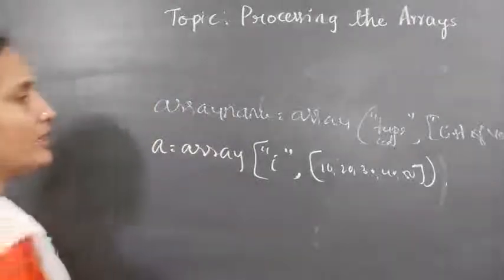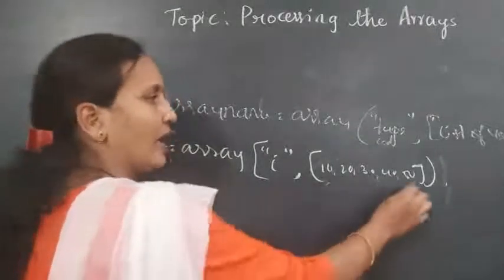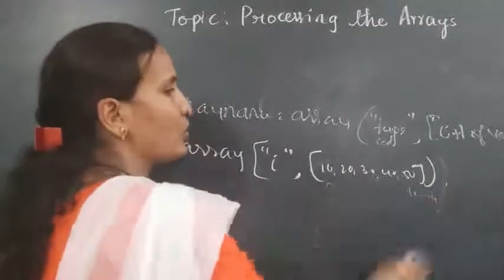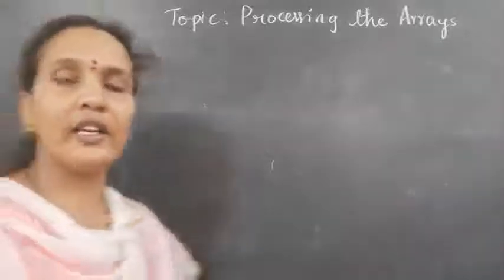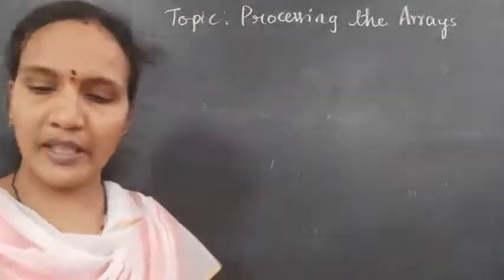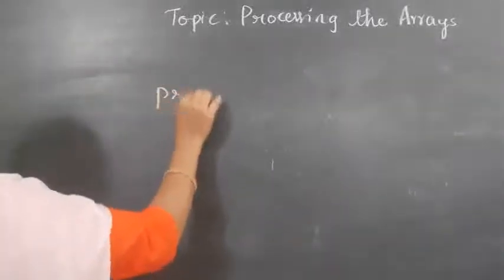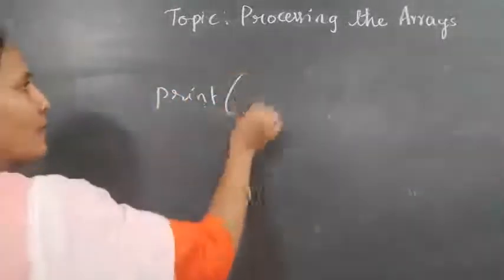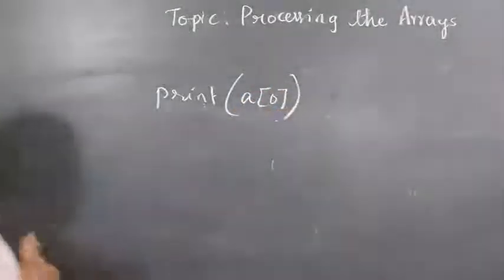Here each and every element is identified with an index. The index starts from 0 and ends with length minus 1. If you want to print array elements, you can print one element at a time, or all elements at a time using a for loop. Example, to print one element at a time, print is the output statement, the array name is A, and I want to print the first element like this.